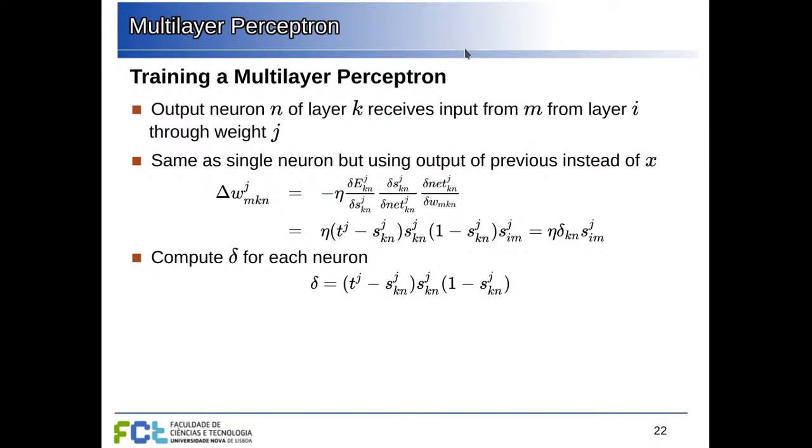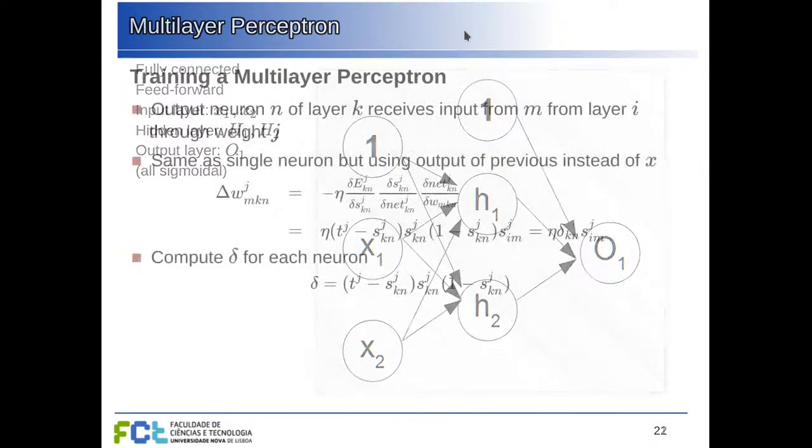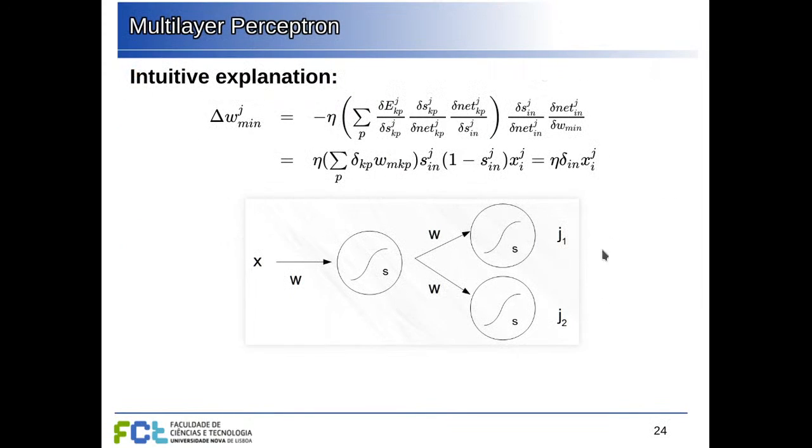Things get a bit more complicated when we reach these inner neurons, because intuitively we can have several output neurons, and to update this weight we need to consider the error of this output neuron with respect to the target value here, and then the sigmoid function, that is the activation function here, the weighted sum there, the sigmoid function here, the weighted sum here, all the way until we get to this parameter. And the same thing for any other branch if we have more output neurons.